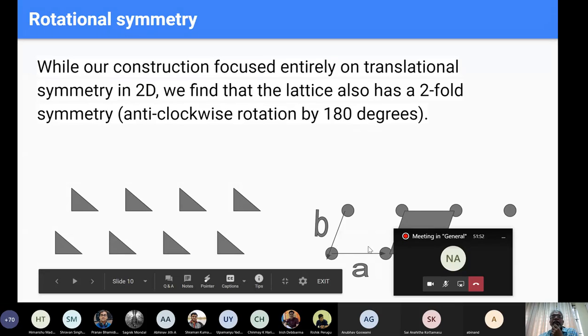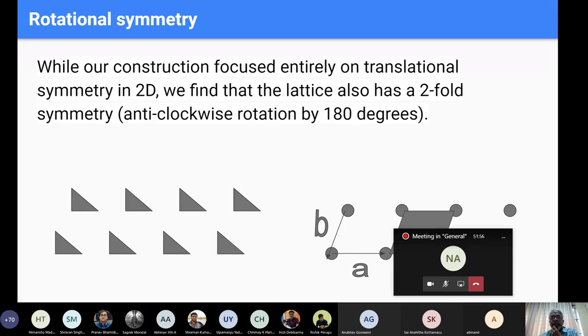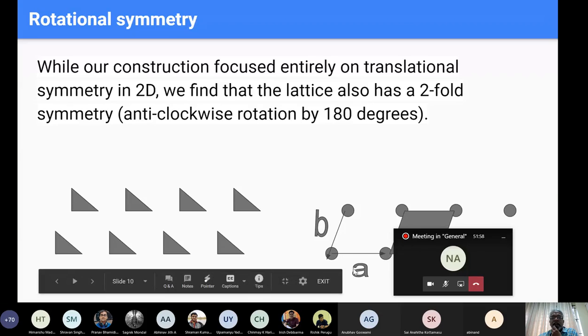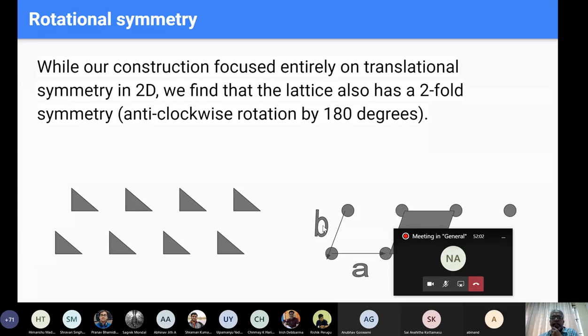The gray parallelogram is the fundamental unit, which when translated by a vector A or a vector B, or any integral multiples of these, will generate the entire lattice.